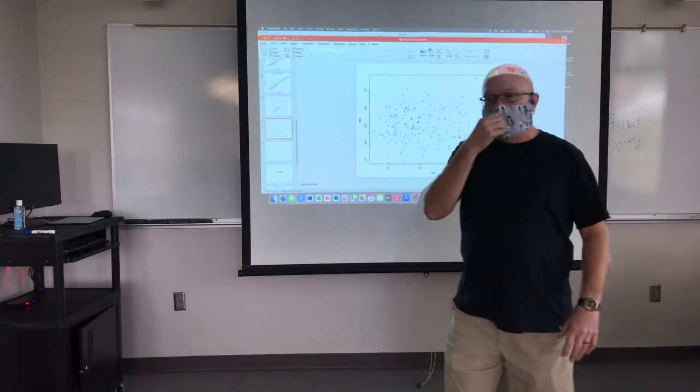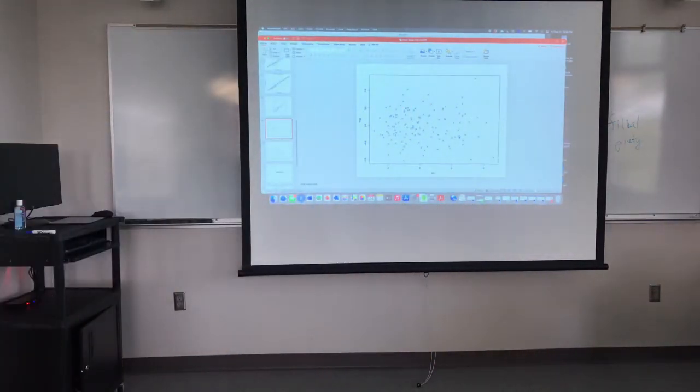Yes, ma'am? Why is it important that the size and the shape aren't correlated with one another? Because, especially when you're doing statistics, one of the assumptions of most statistical tests is that the data that you have are independent of one another. If you have 80 finches, the length of their beak, the depth of their beak, and the width of their beak are all telling you similar information about that finch.